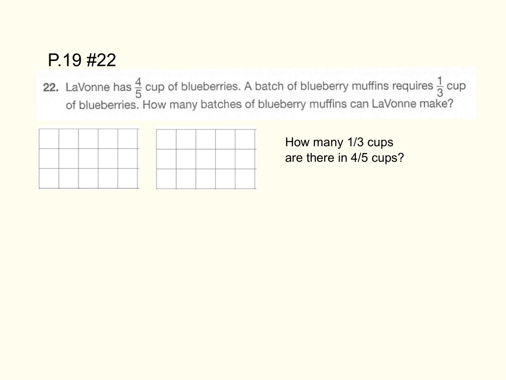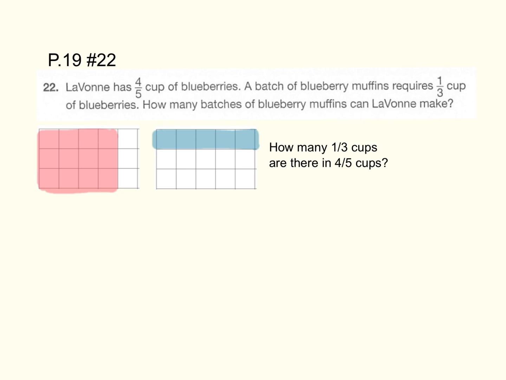Okay, so let's start a model. So I have two 5x3s here, just so I could represent these two fractions, 4/5 and 1/3. So first I'm going to shade in 4/5 in the first rectangle, and then I will shade in 1/3 in the second rectangle. Okay, so the first box here, the pink box, is showing you 1, 2, 3, 4 out of 5, so 4/5.